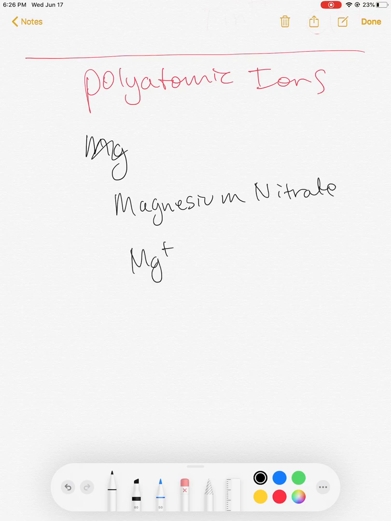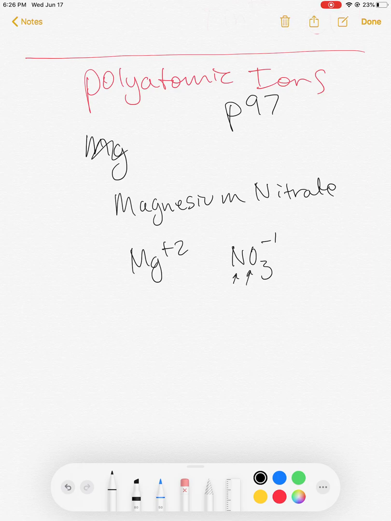Magnesium is always +2. And if you look, let me give you a chart for that. Page 97. So we look up nitrate, and its formula is NO3 with the charge of -1.